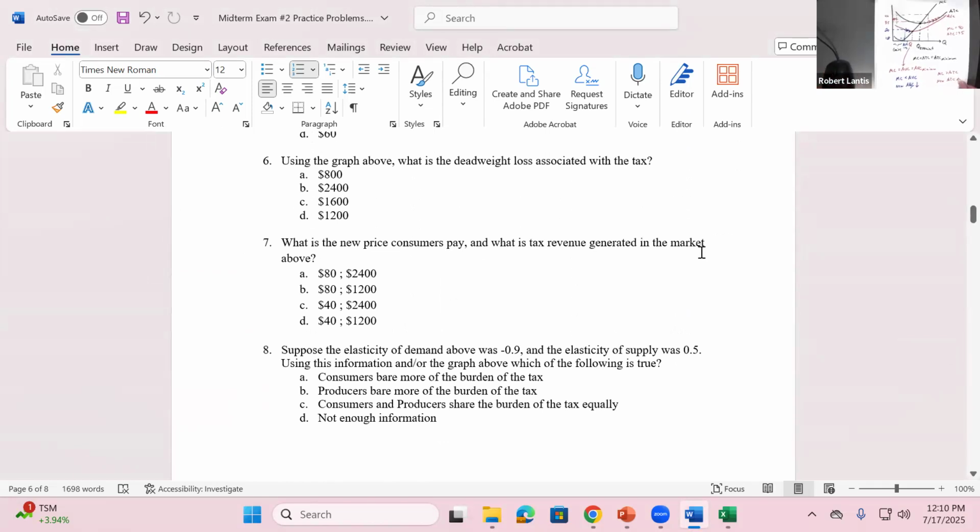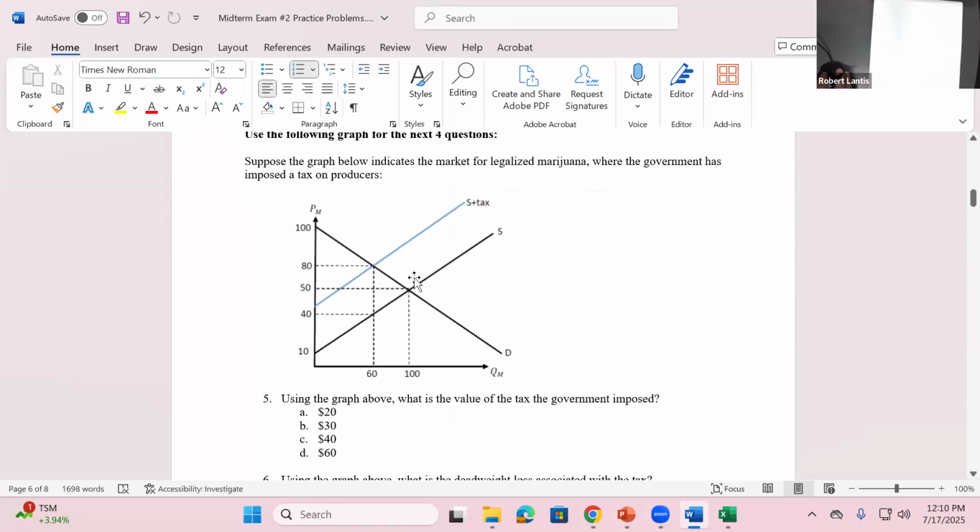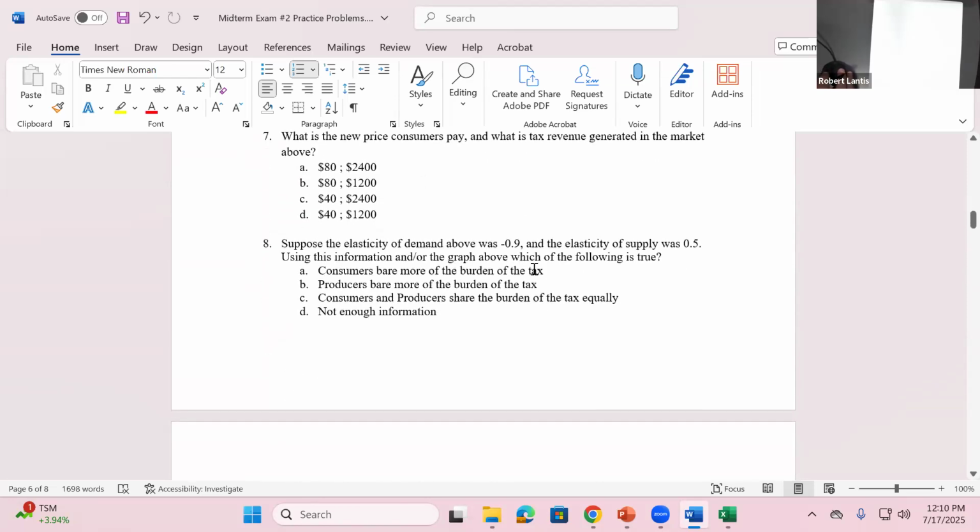Yeah, so I can almost guarantee you that you'll have a problem. And when I say I can almost, I wrote the exam, so I might have some idea. So if you've got an elasticity of demand of negative 0.9, elasticity of supply of 0.5, which of the following, and you can kind of think about this graph above where we have a tax, which of the following is going to be true? Okay.